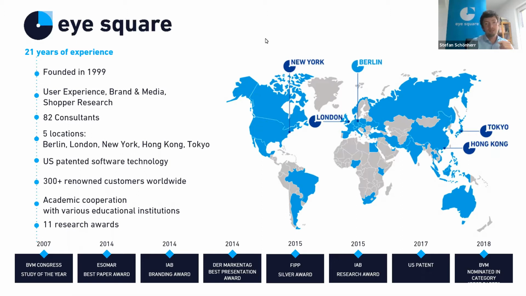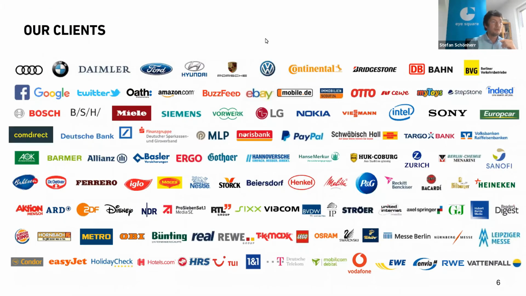And we use unique software technology for live ad injections. You will learn about this later in the presentation. And we are engaged in several academic corporations with our research techniques, especially. And we work for over 300 customers worldwide. You can see some of them here.